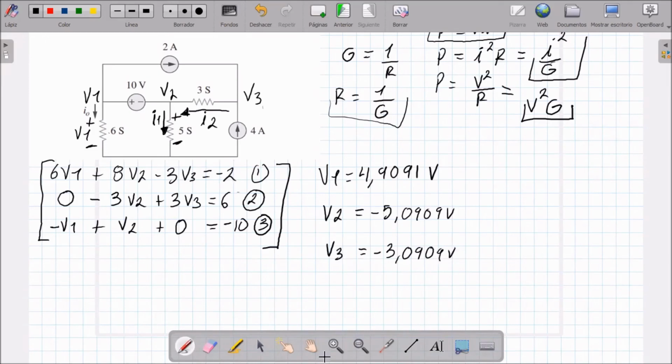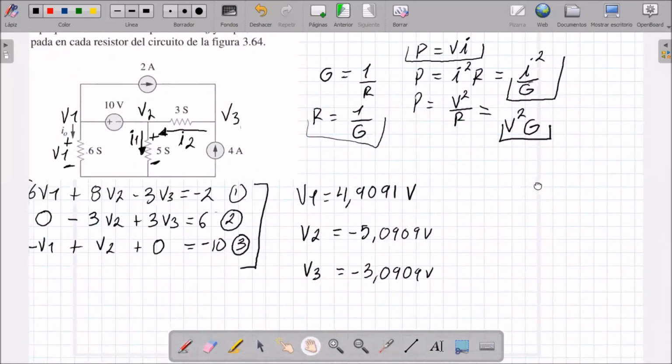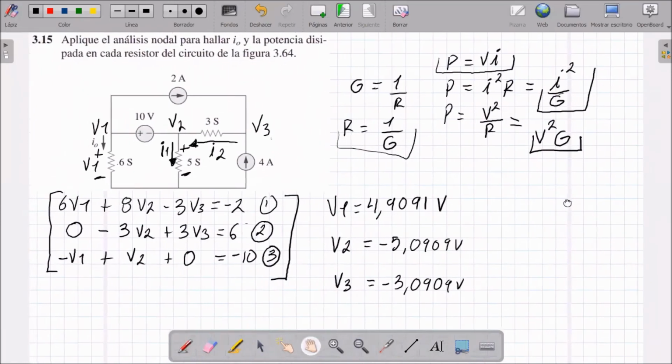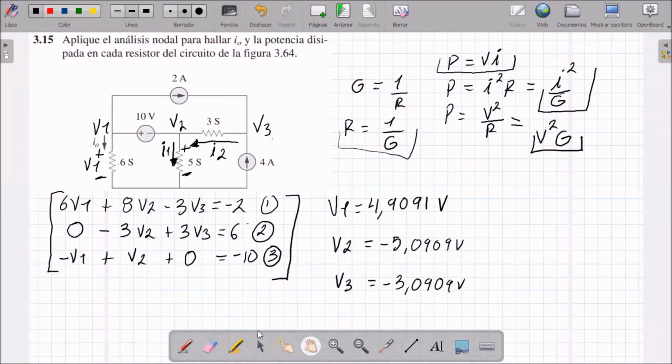Now what the exercise asks us to do is determine the powers consumed by each resistor.